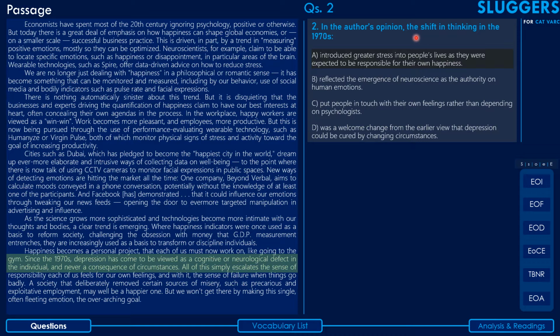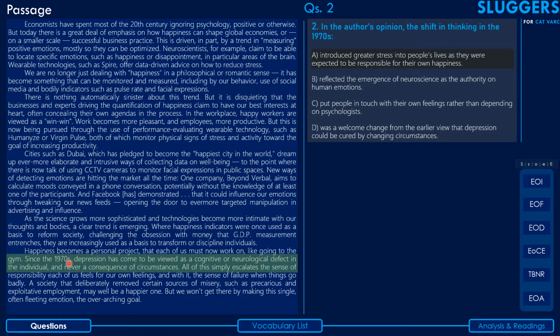The first option says the shift in thinking in the 1970s introduced greater stress into people's lives as they were expected to be responsible for their own happiness. This is actually on point, guys. See, if we go back to the POR, just look at this point. Look at the next sentence. All of this simply escalates the sense of responsibility each of us feels for our feelings, right? What of this? All of this refers to happiness becoming a personal project. That point plus how the view with respect to depression's causal factors have changed in the 1970s.